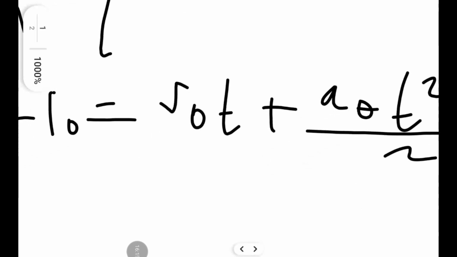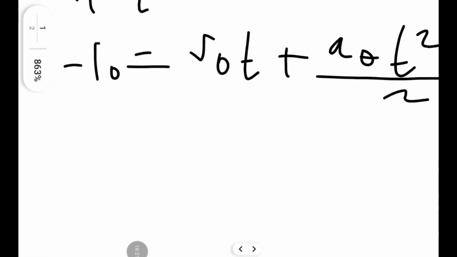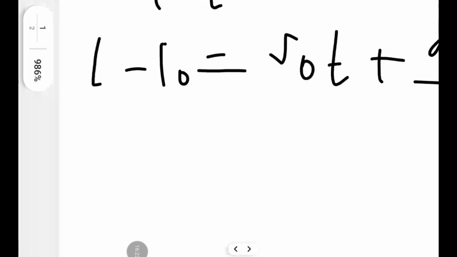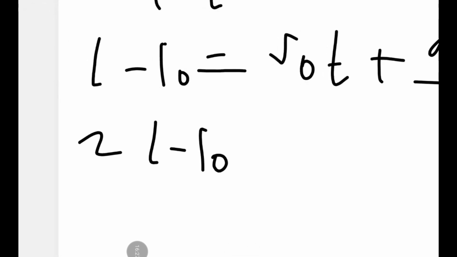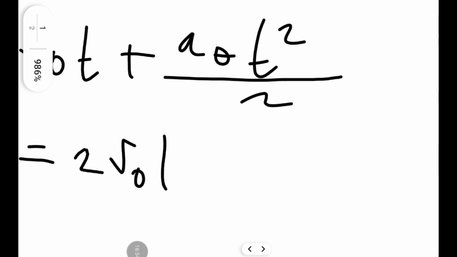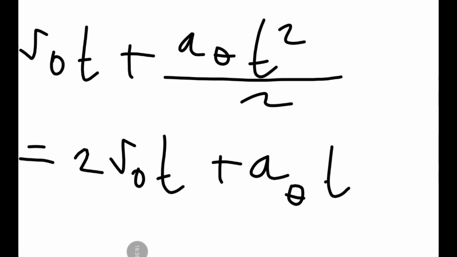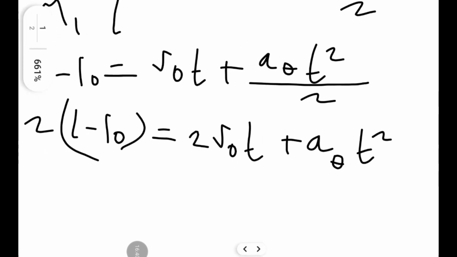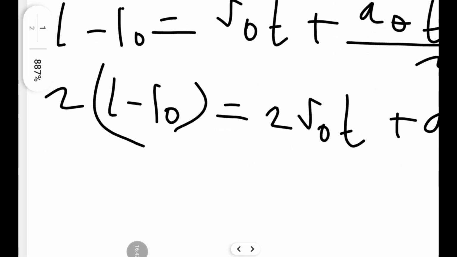Now I'm going to make this a bit easier by multiplying everything by 2. So we get 2 times L minus r0 is equal to 2v0t plus a theta t squared. You have it in this format now, and this is basically a quadratic equation.